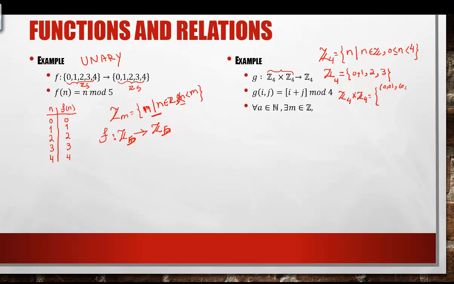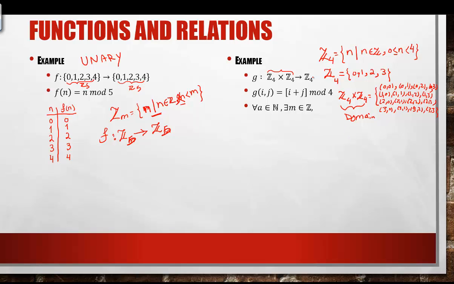It's going to be 0, 0, 0, 1, 0, 2, 0, 3, and then 1, 0, 1, 1, 1, 2, and 1, 3, then 2, 0, 2, 1, 2, 2, 2, 3, and finally 3, 0, 3, 1, 3, 2, 3, 3. So this is going to be z sub 4 times z sub 4. So this is my domain.